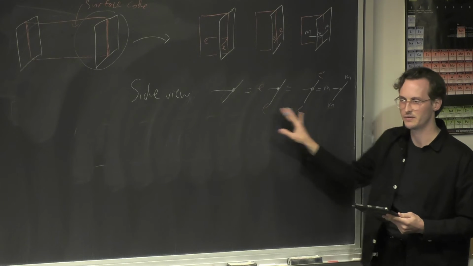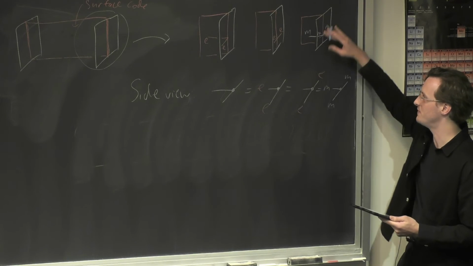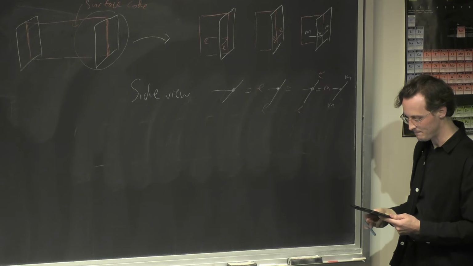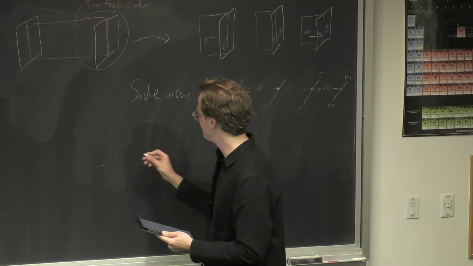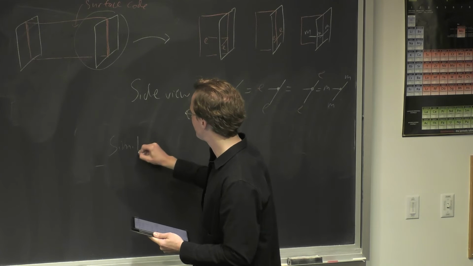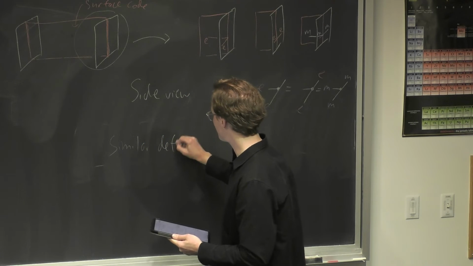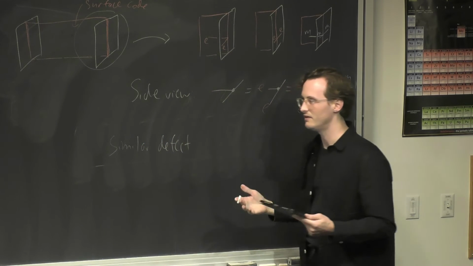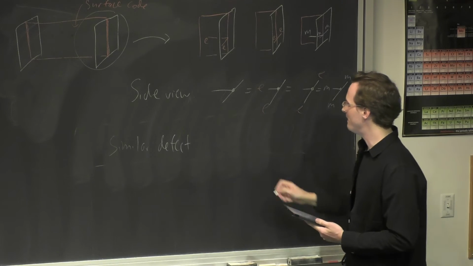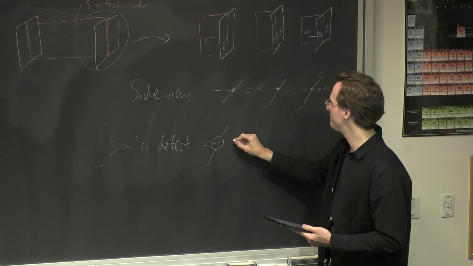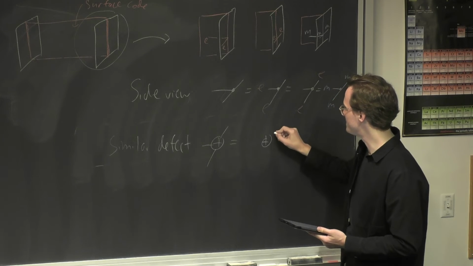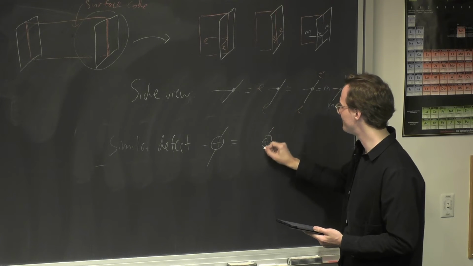So there's a set of equations that define the defect. I'm just rewriting this without the extra dimension. And then it's natural to also define a similar defect where you just swap the role of E and M because they're equivalent in this theory. I'm going to draw that one like a plus. So there's a similar defect, which I haven't used yet, but I'm going to use in a second.